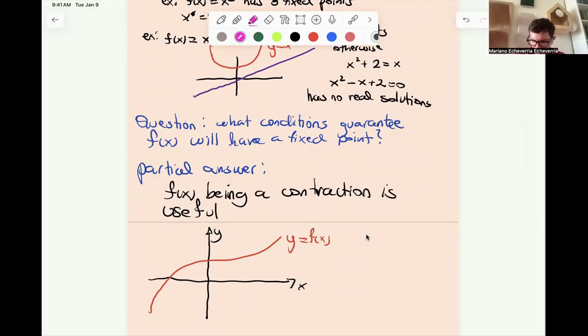Usually we work on intervals here, so let's say you have an interval a comma b. Being a contraction just means that if you take 2 points on that interval, let's say x1 and x2, they give you corresponding points on the graph when you apply the function, and they give you some corresponding y values.